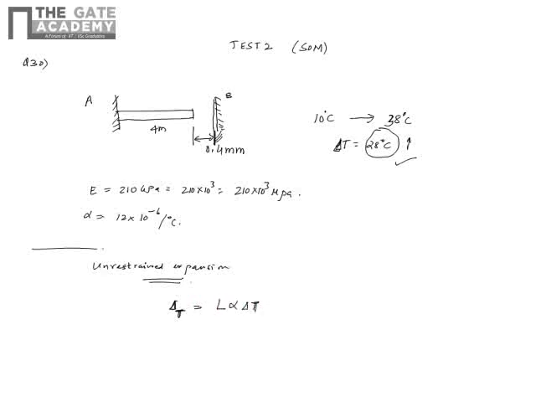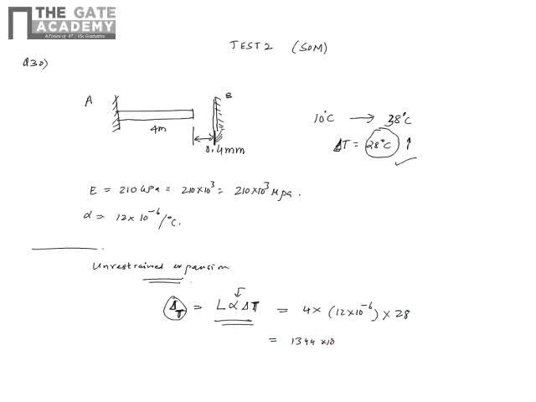This comes from the definition of the coefficient: change in length per unit temperature per unit length is alpha. So length is 4 meters, alpha is 12 into 10 power minus 6 per degree, delta t is 28.